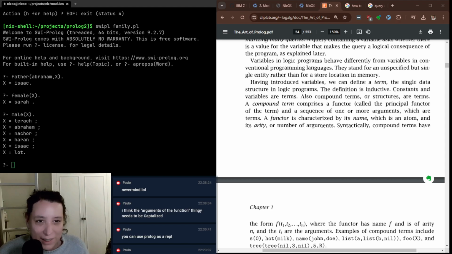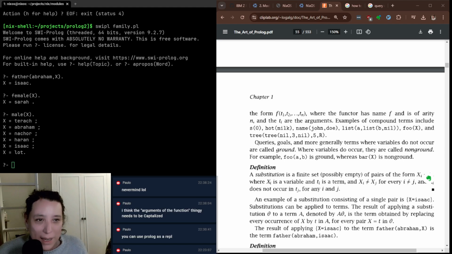A functor is characterized by its name, which is an atom, and its arity, the number of arguments. Syntactically, compound terms have the form f(t1, t2, ..., tn), where the functor has the name f and is of arity n, and the ti are all the arguments.